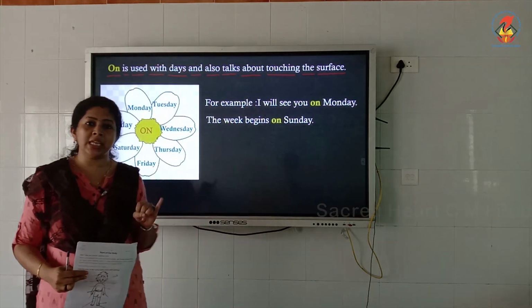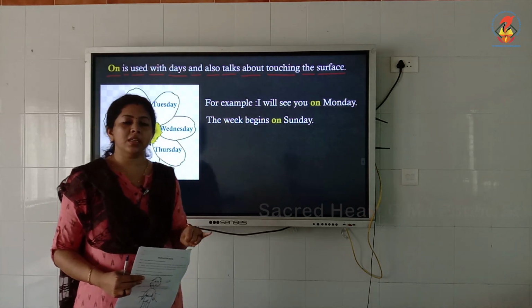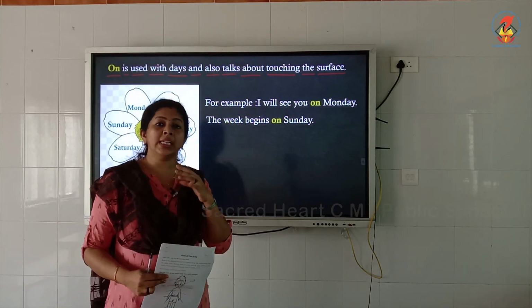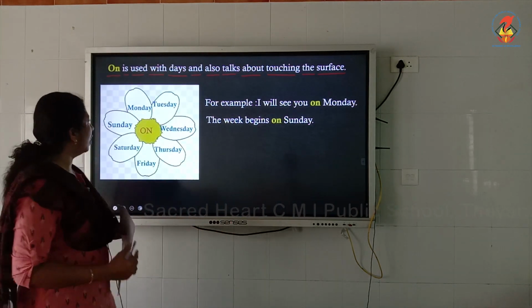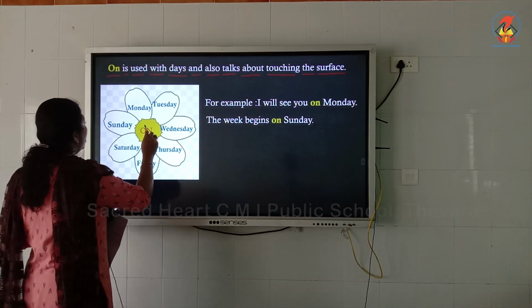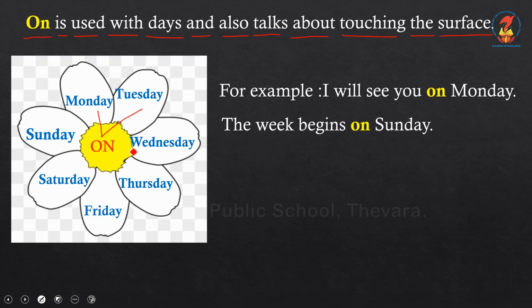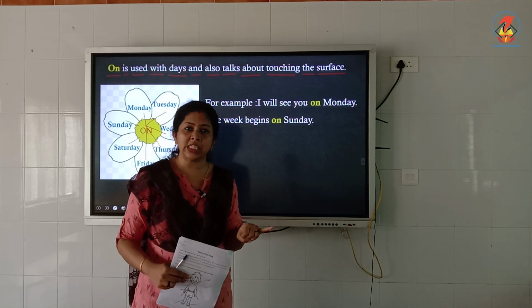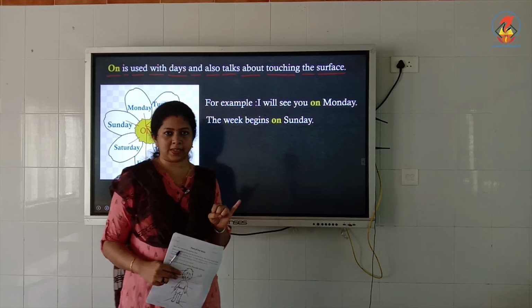So first place, on is used with days. Just see here, on Monday, on Tuesday, on Wednesday, on Thursday, on Friday, on Saturday, and on Sunday. So first point is on is used with days.